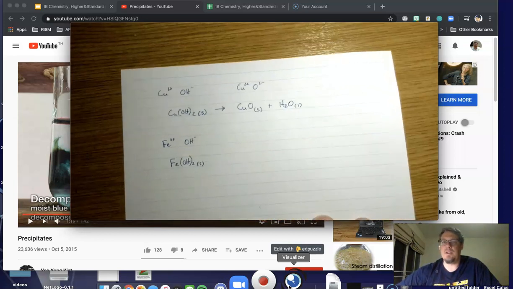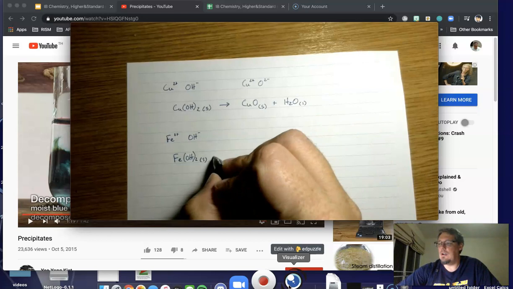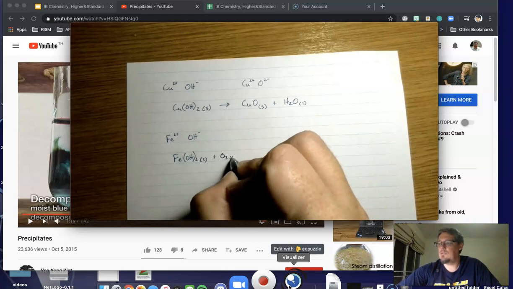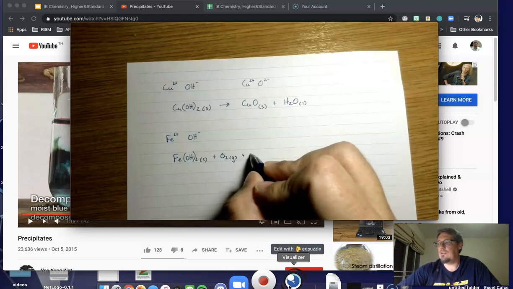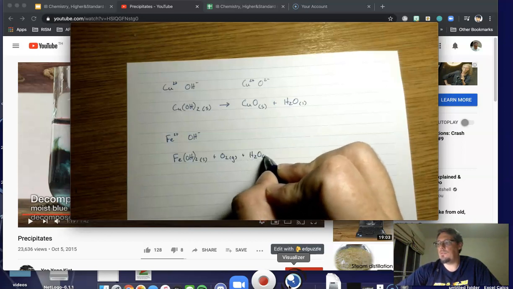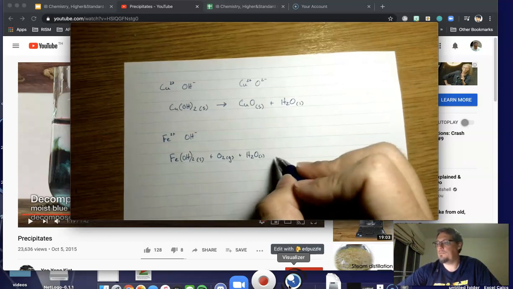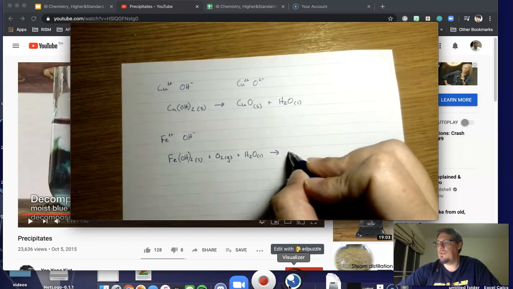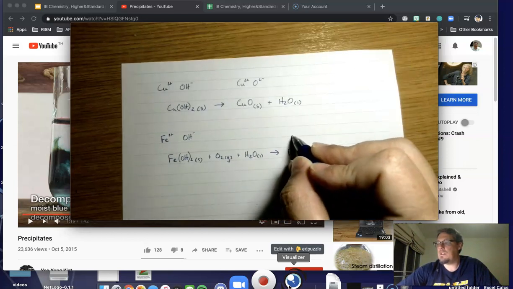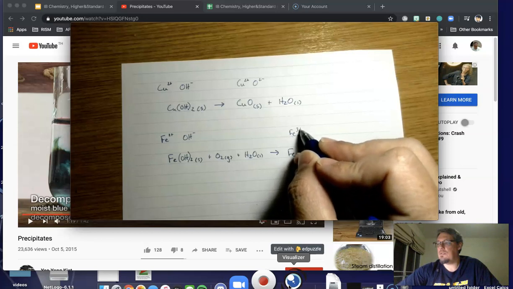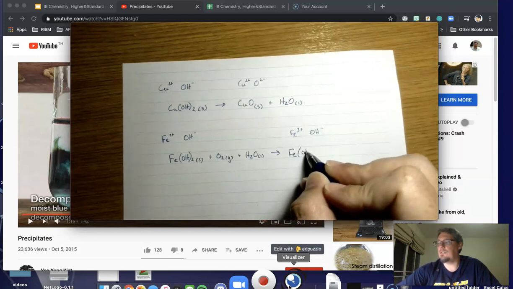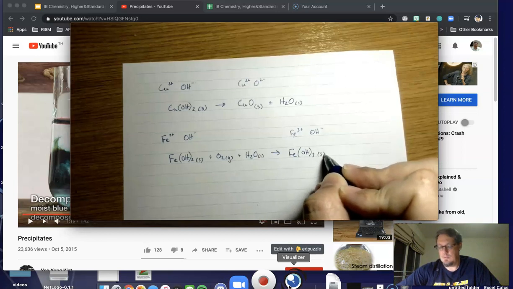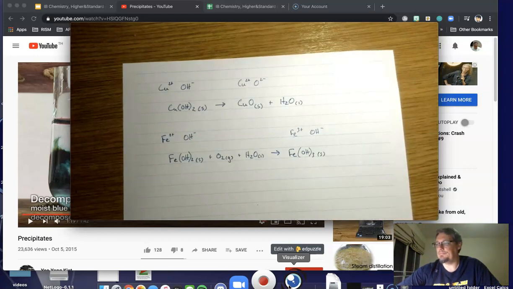It is going to react with oxygen from the air, so O2 gas, G for gas, and some of the water from the solution, H2O liquid, and that's going to form our iron 3, Fe3 plus, and OH minus, iron 3 hydroxide. Again, a solid.